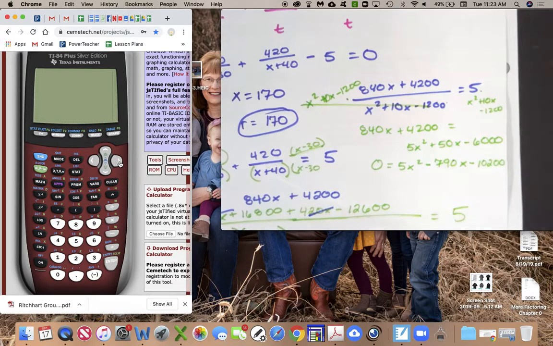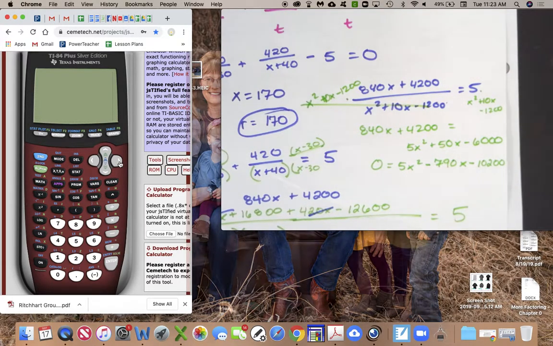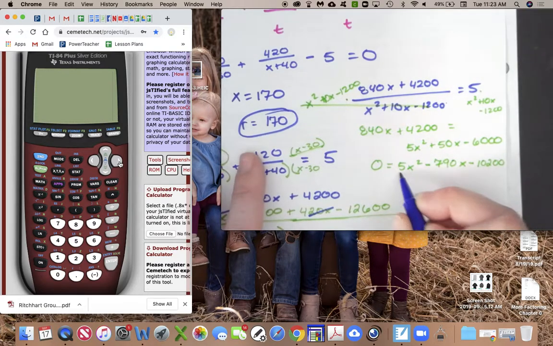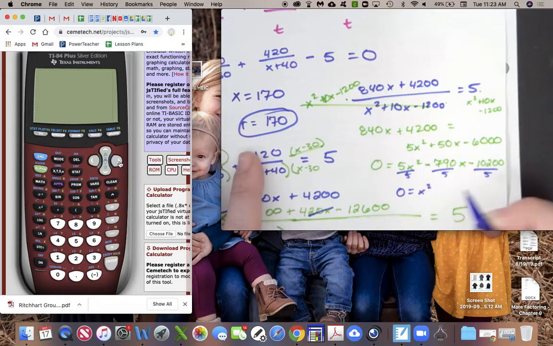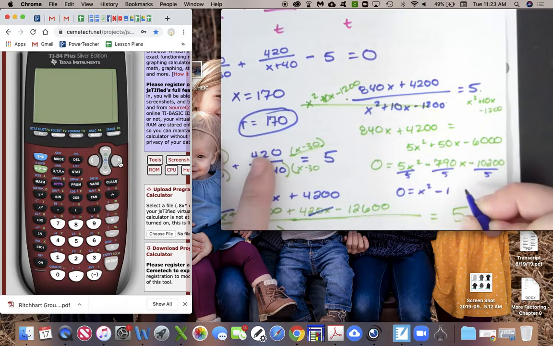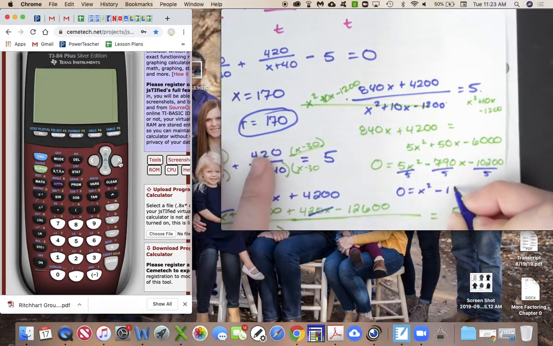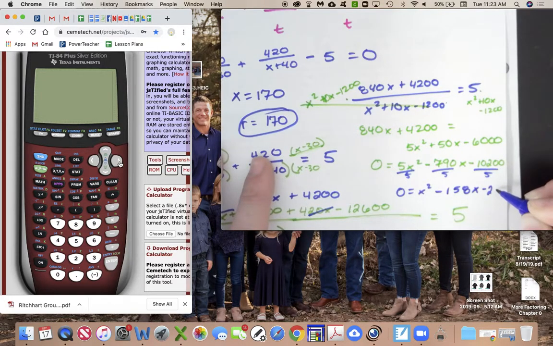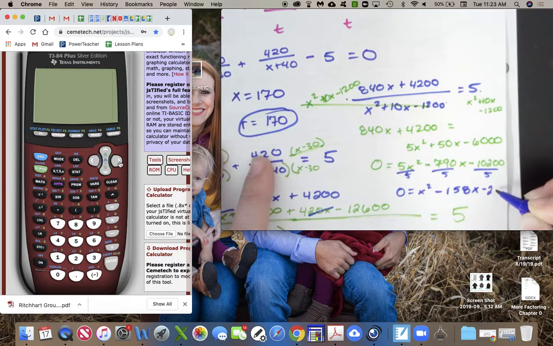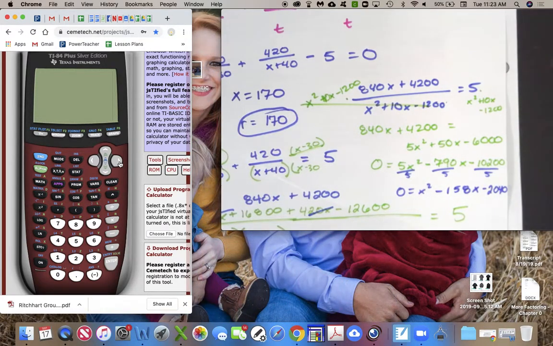Now you can factor it out: 0 equals x squared minus 158x minus 2,040. Oh my god, no, it is 2,040. Now, can you break that thing down? You betcha, you can.